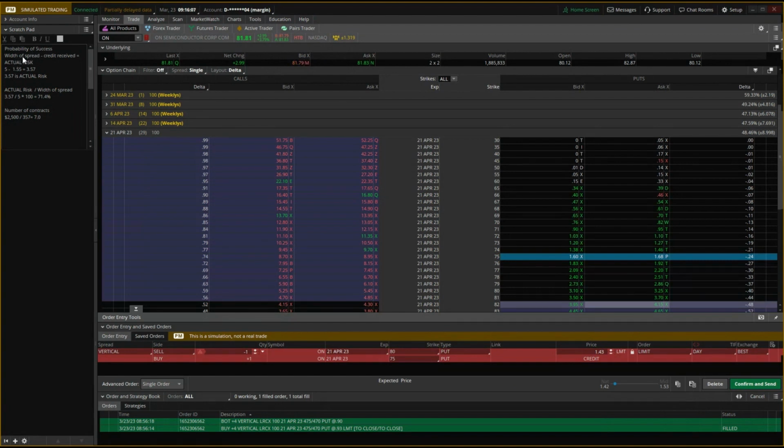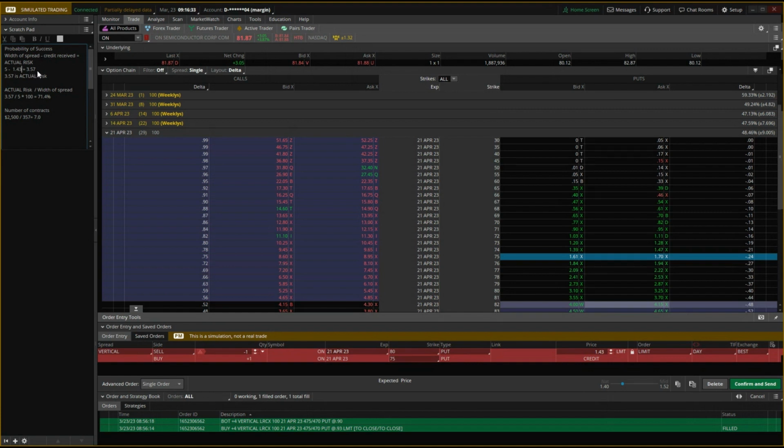And the way we calculate that is we take the width of the spread, which is $5, the difference between 80 and 75. So we take the width of the spread minus the credit received. So $5 minus $1.43. So minus the credit received, that's going to give us our actual risk of $3.57.